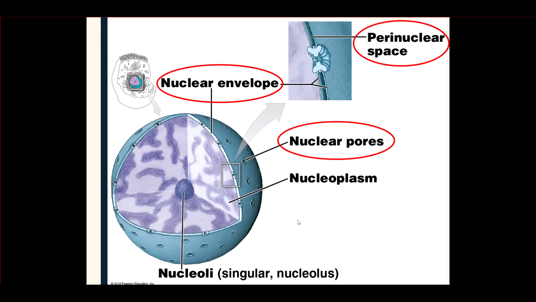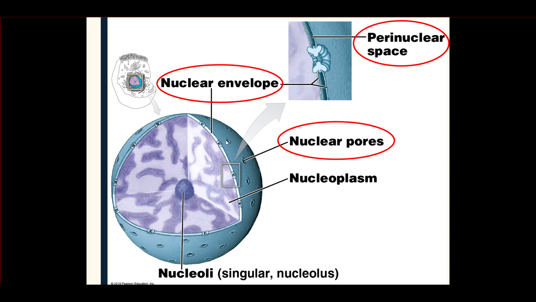So let's take a look at these three structures. Here's the nucleus that's been removed from the cell. You can see here, guys, this dark blue line, and the blue line over here, would be the double membrane, right? So that would be the nuclear envelope. It's not labeled down over here, but it's labeled on the upper one. The space in between is that perinuclear space. And if you notice, there are these holes, like right here. This hole is cut so we could look into it.